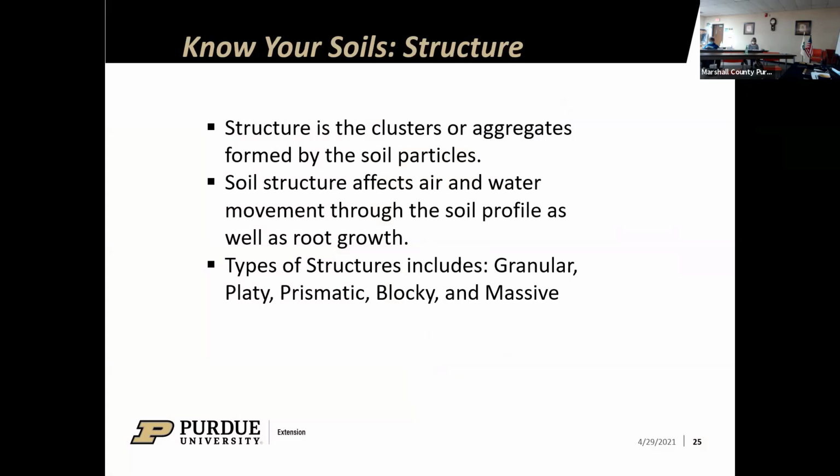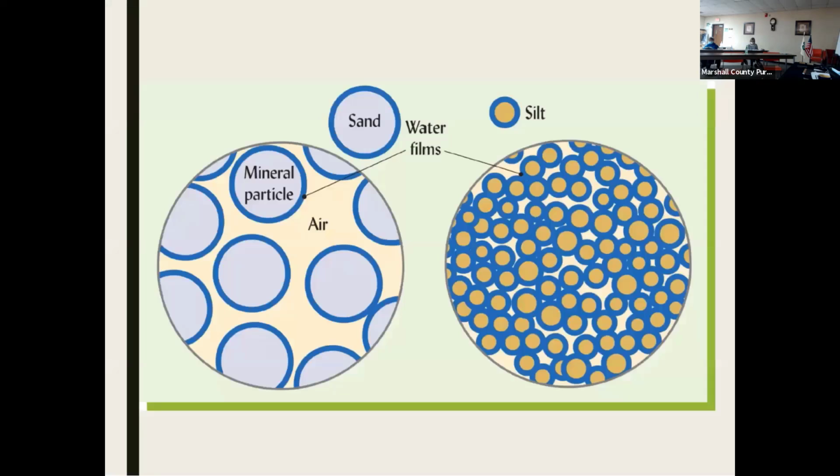Structure is the cluster or aggregates of those soil components that we talked about to form soil particles. Soil structure affects water and air movement into the soil profile, as well as root growth. Types of structures we'll review.